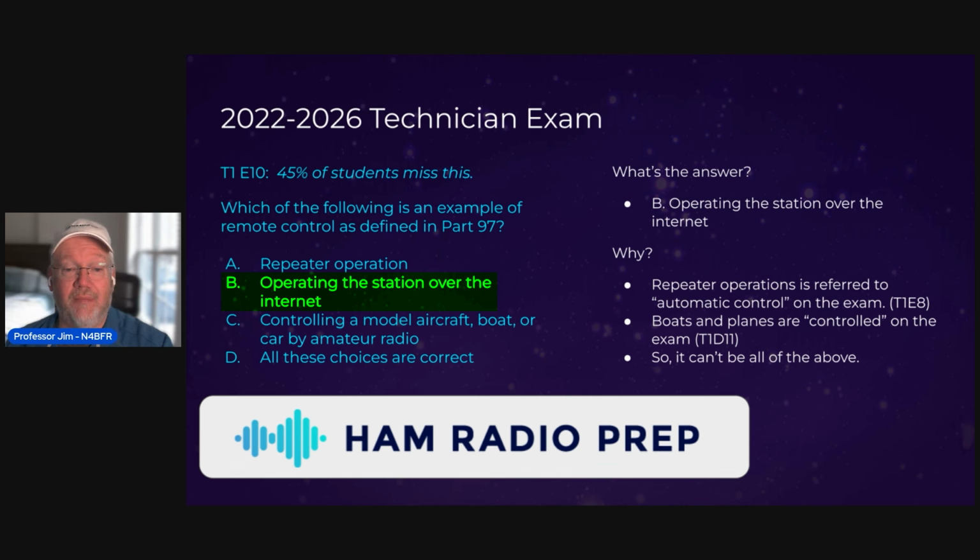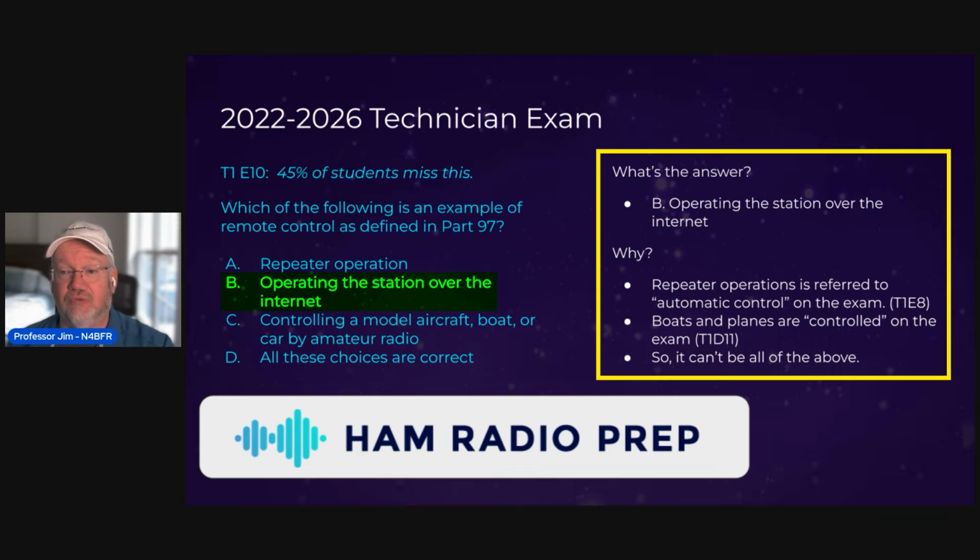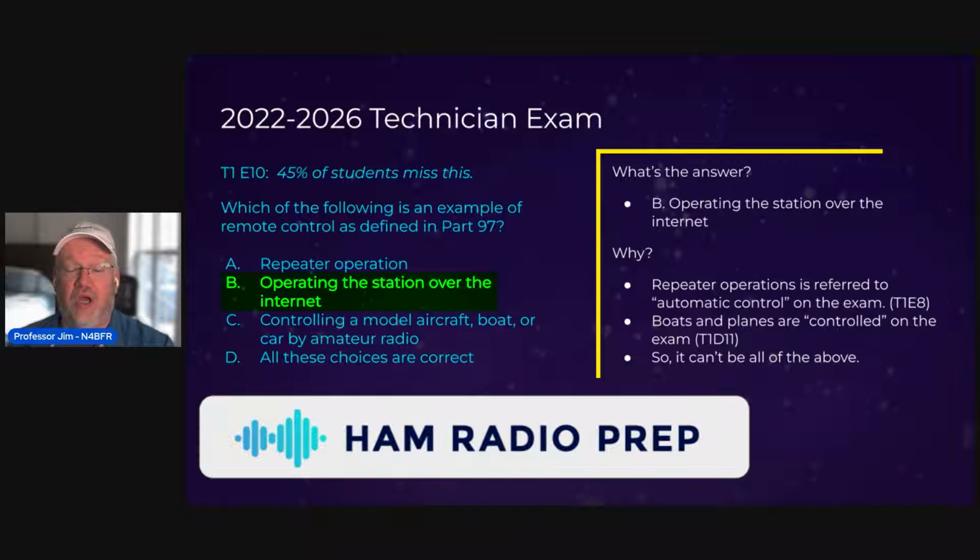Certainly controlling a model aircraft or a boat or a car by amateur radio, you're doing that from someplace else, right? You're by definition not directly touching the thing you're controlling. So why is it B? Well, this is the way that FCC has defined these things in the rules. This is very much a rules definition question.